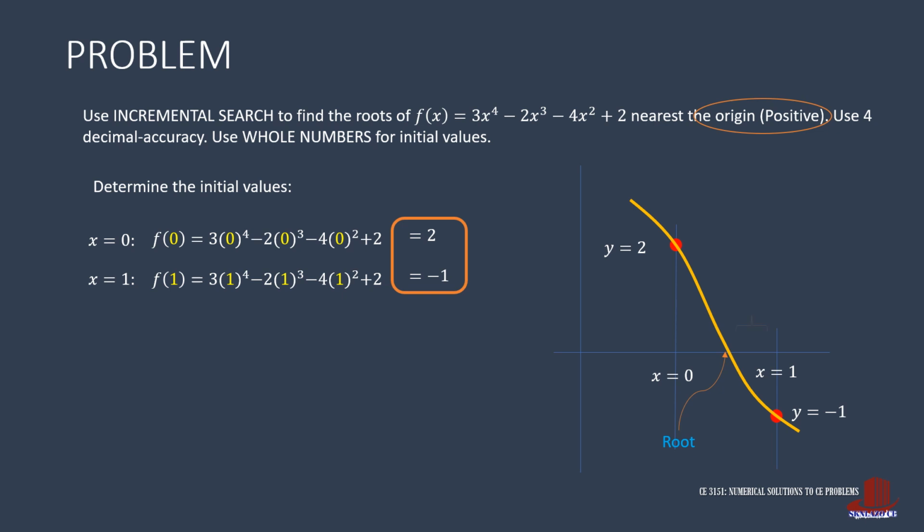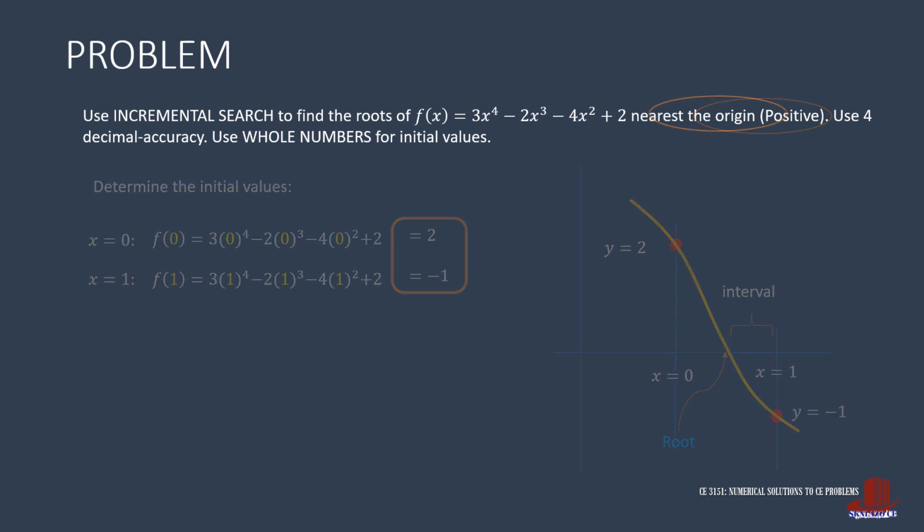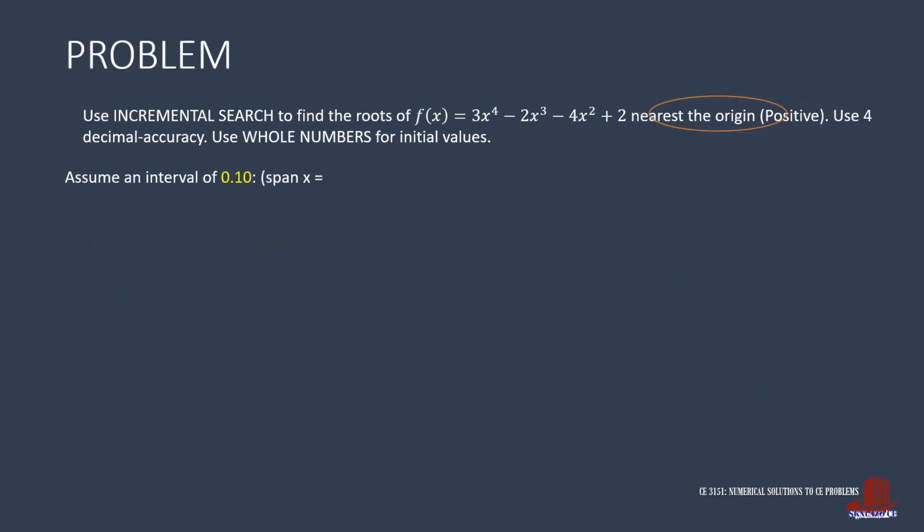In this illustration, it is also observed that the root is nearer x of 1. First is to assume an interval of 0.1, and we are to start with the limit nearer 0, that is, positive 1. Take note that the span considered is 0 to positive 1, and since we are using the upper limit, we need to subtract the increment.